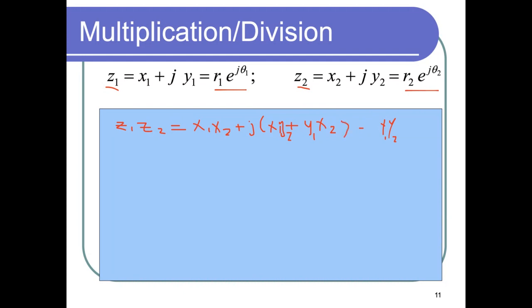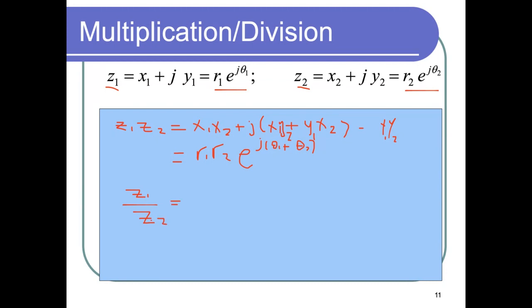On polar form, this is just r1 r2 e to the power of j(theta 1 plus theta 2). Now, if I do the division of z1 over z2, then it really gets messy with the rectangular form.